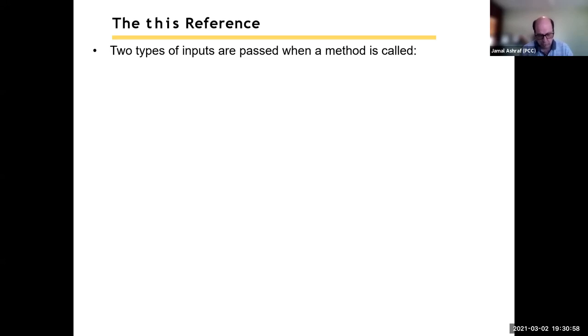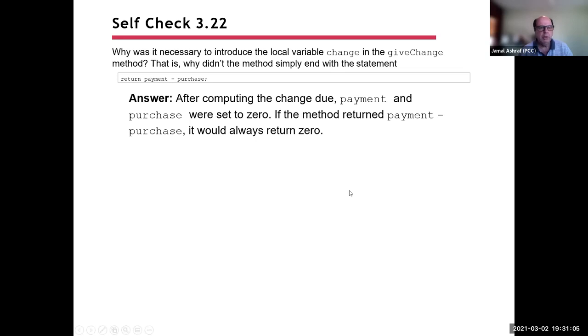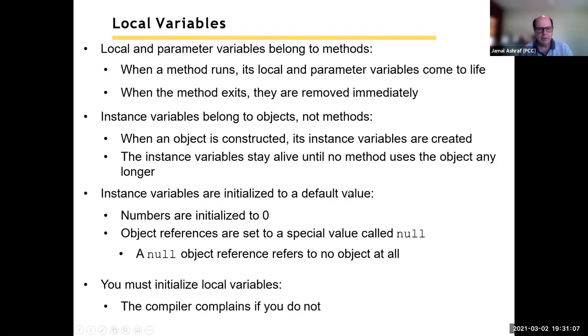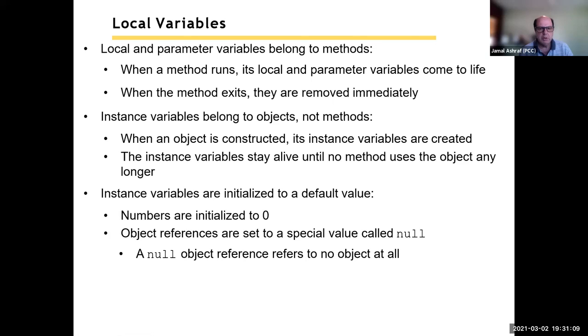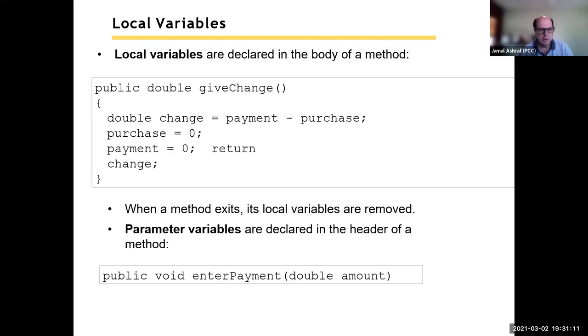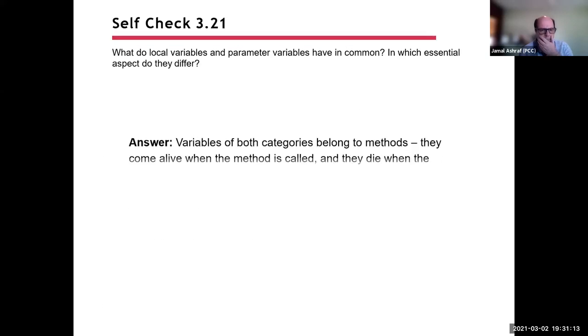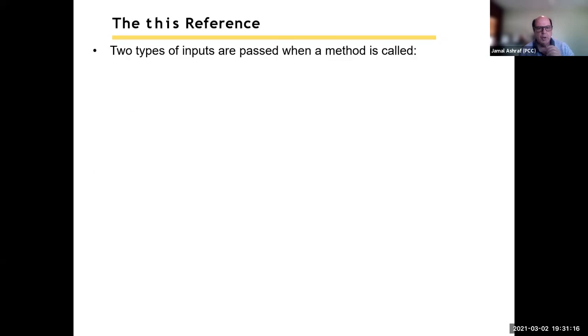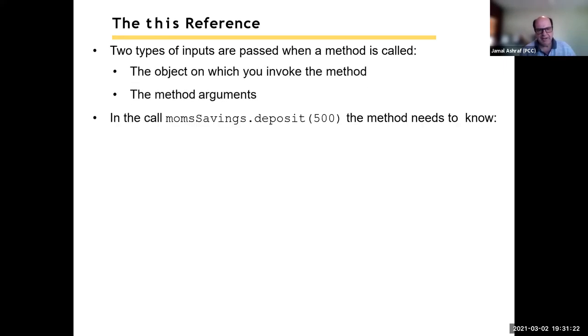So sometimes the variable that you have is going to be the same as your instance variable. Now, before we get there, this is what I was going to talk about.